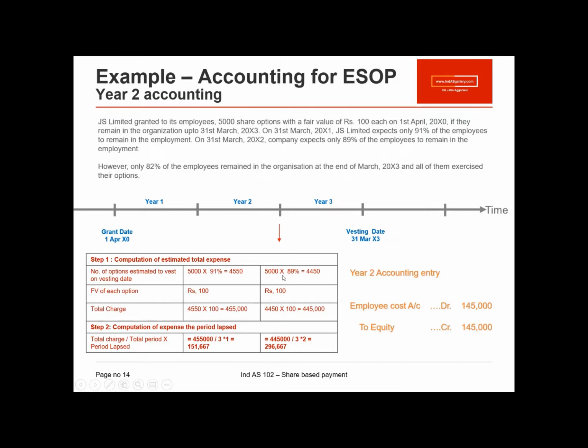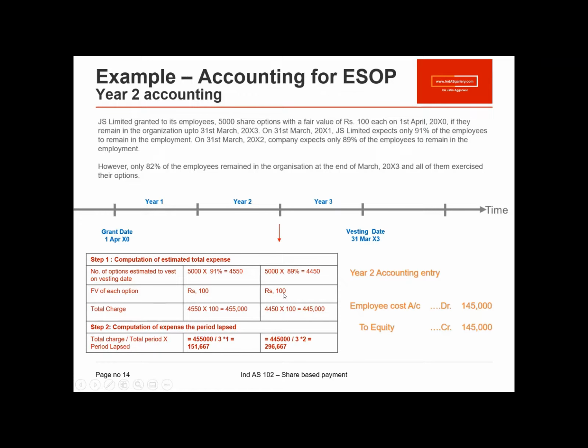My estimation says that 89% of the employees will remain in the organization. That is, 89% of the employees will be able to satisfy the service condition. So my estimated number of options to be issued at the end of year 2 is 4450, which is different from my earlier estimation. But in this case, the fair value of my option will remain the same. So it is 100 only.